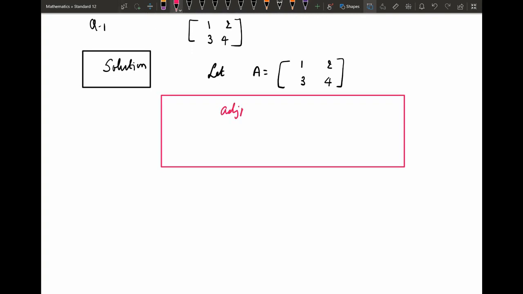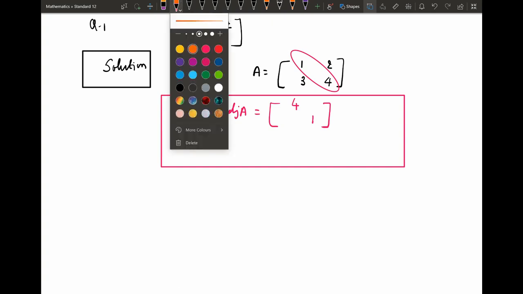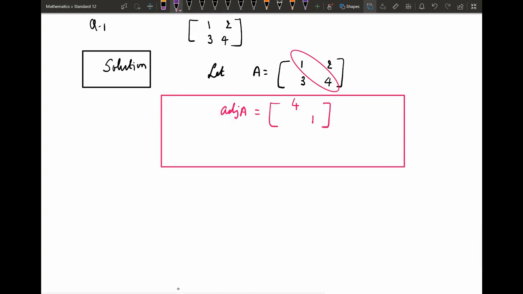For a 2 by 2 matrix, adjoint A: interchange the entries of the principal diagonal, and change the sign of entries of the subsidiary diagonal, minus 2, minus 3.